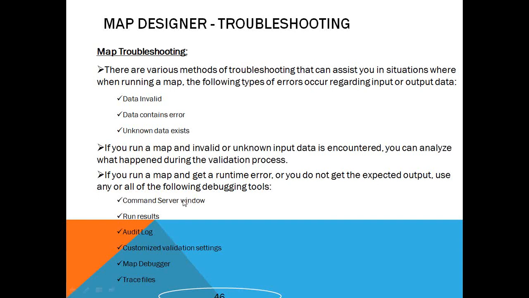One is the command server. So what does that mean? Generally in your production server or UAT server, the map will get executed automatically. I mean, you will set the event, so whenever the file is received, it creates the output. Instead of that, the other way is you can run the map explicitly using the Mercator command.